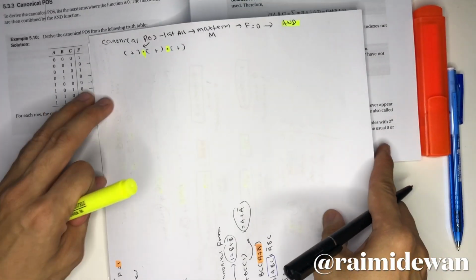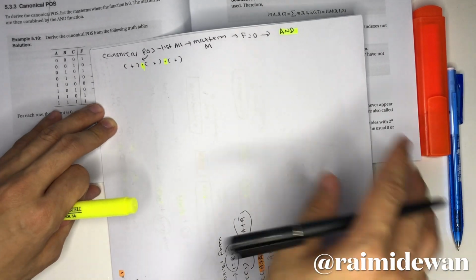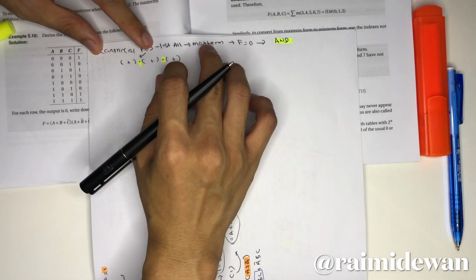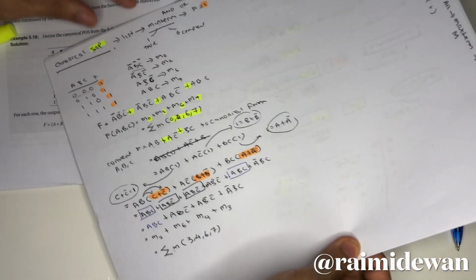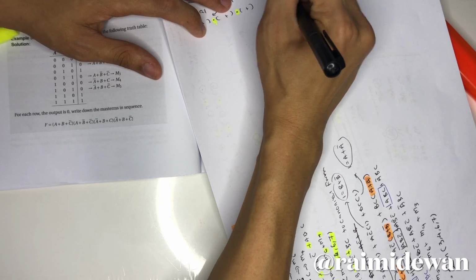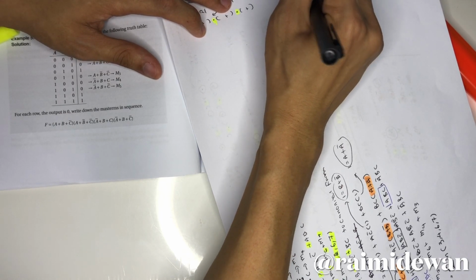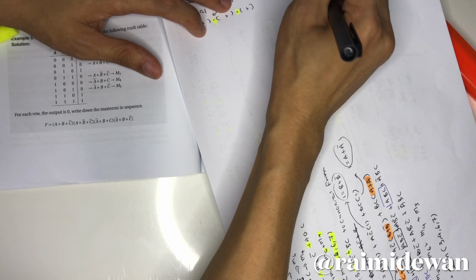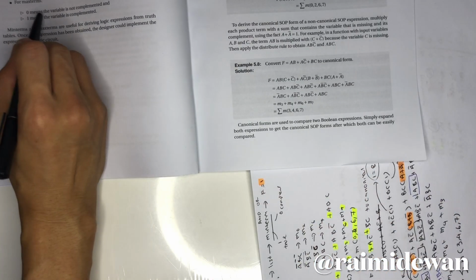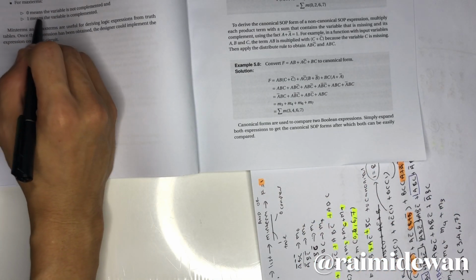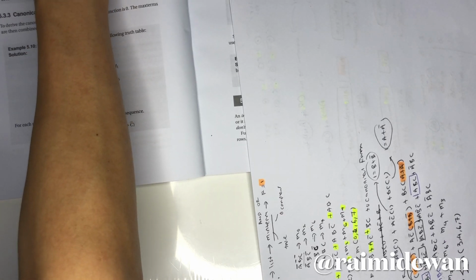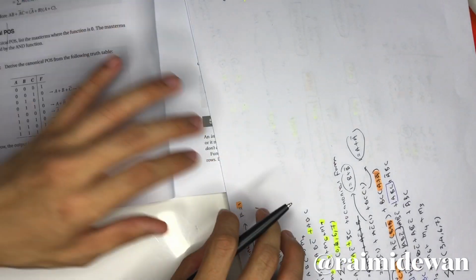So here, we will take the one that actually will result in 0. For max term, what you learned just now, for the true which is 1, complement. What is how they are written? I'm just trying to revise back. You see from the page here, for max term, 0 is not complemented and 1 is complemented. You need to be able to distinguish between the max term and min term.